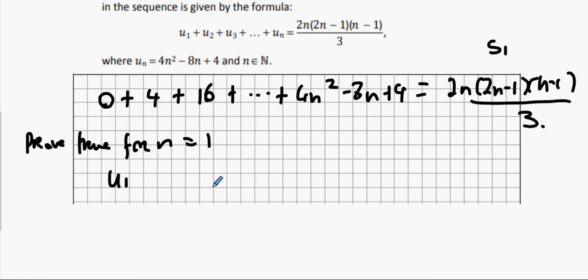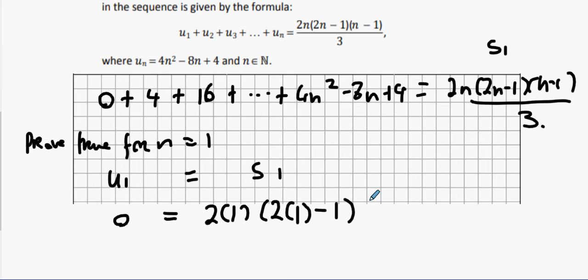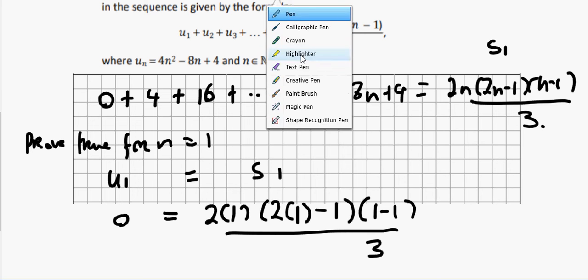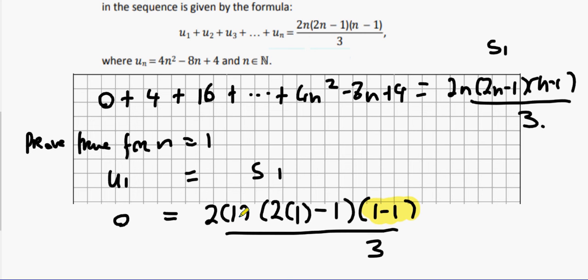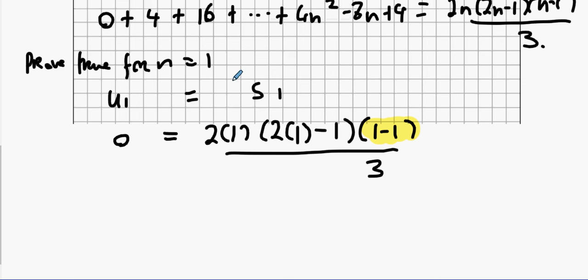Such that u1 will equal s1, such that 0 equals 2 times 1 minus 1, and then it's 1 minus 1 all over 3. Now the 1 minus 1 part here is 0, and everything else multiplied by 0 is 0. So then we get 0 equals 0, and it's true for n equals 1.